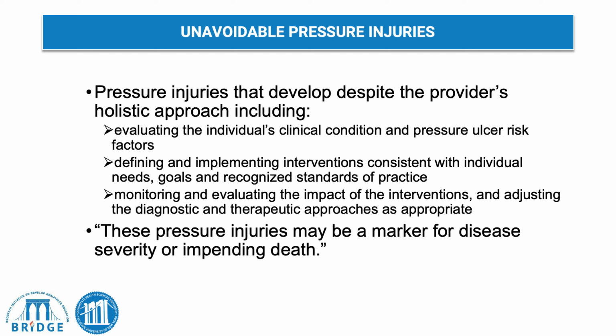And finally, this includes after the provider has monitored and evaluated the impact of interventions and after adjusting the diagnostic and therapeutic approaches as appropriate. These pressure injuries may be a marker of significant underlying disease and impending death.